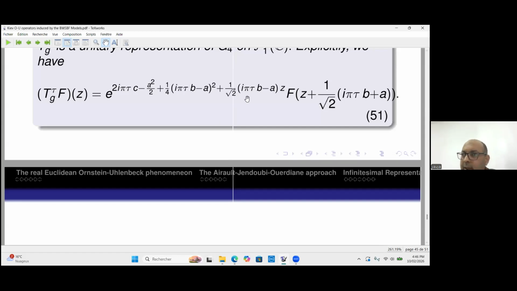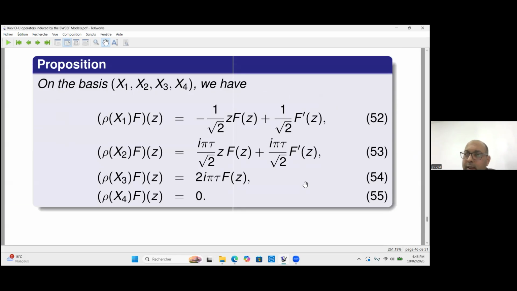Tau appears in the factor and also in the composition of the representation, where g equals (A, B, C, D). Then the infinitesimal representation is given by operators depending on the basis; in this case rho x4 is equal to 0, and we observe that the second and third derivations, rho x2 and rho x3, depend on this parameter tau.